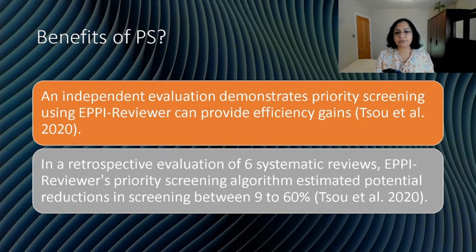That is from another publication by Soy et al. in 2020. This retrospective evaluation of 6 systematic reviews using a peer reviewer's priority screening algorithm estimated potential reductions in screening between 9 to 60%. So there are clear benefits of applying priority screening, but you need to consider a lot of factors.